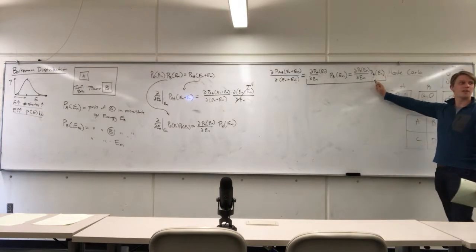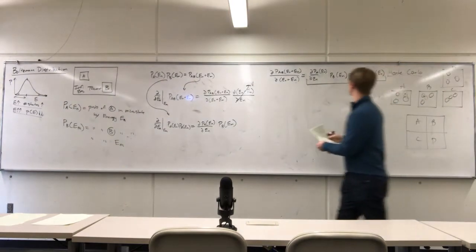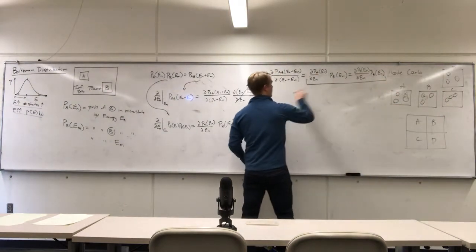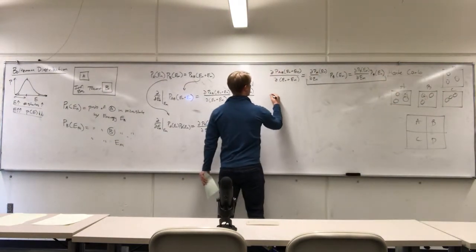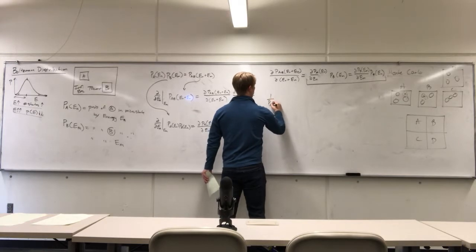Who remembers their partial differential equations? How do we solve this one? Separation of variables. Bingo, separation of variables. So let's get all the A stuff on one side, all the B stuff on the other side. So we have 1 over PA.